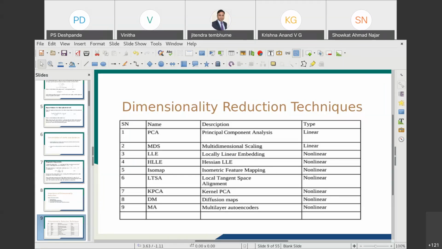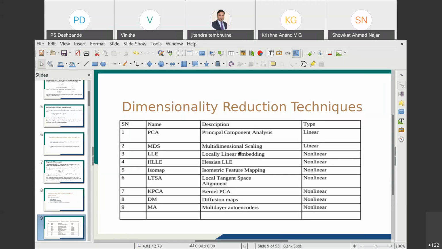Okay. So these are the techniques for dimensionality reduction, based on some mathematical principles. Practically, you can use them very easily because Python has a good library, scikit-learn, in which you can use all these techniques with a one-line statement to do the dimensionality reduction.